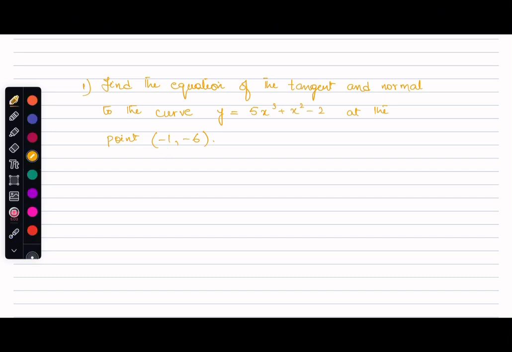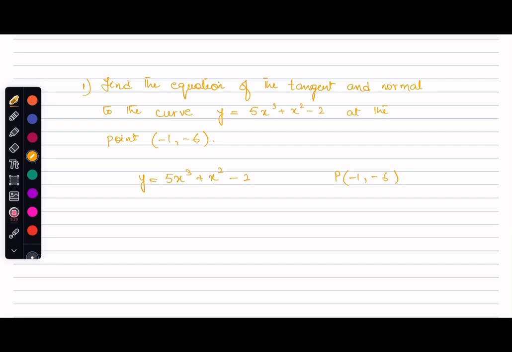So solving the equation, we have the curve equation here, which is 5x³ + x² - 2, and on this point we have the tangent and the normal.